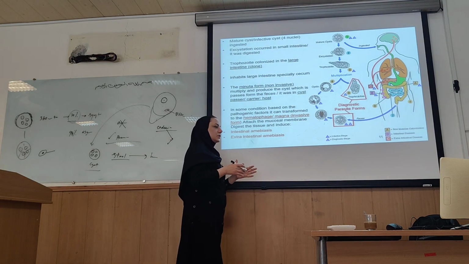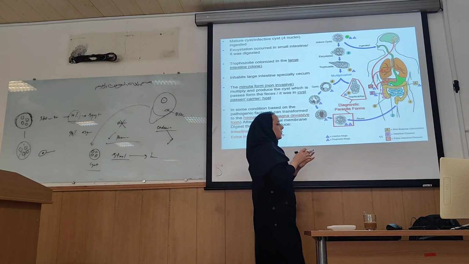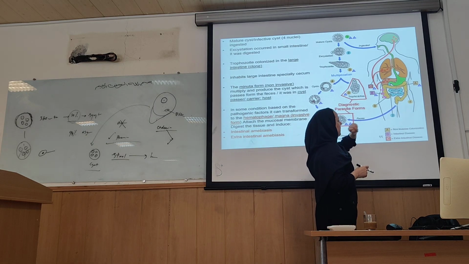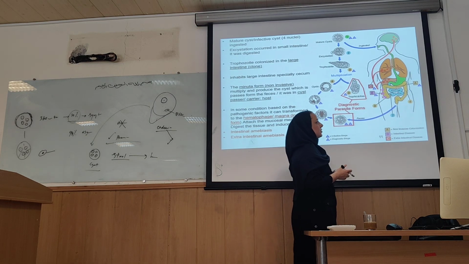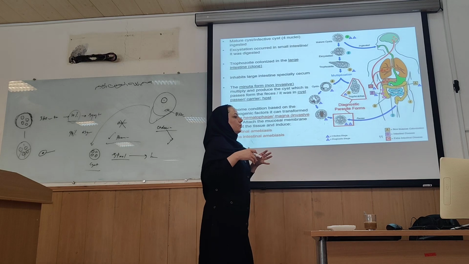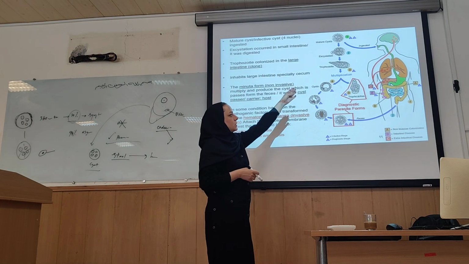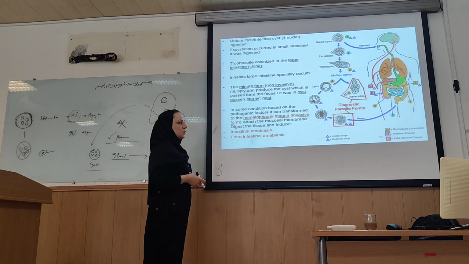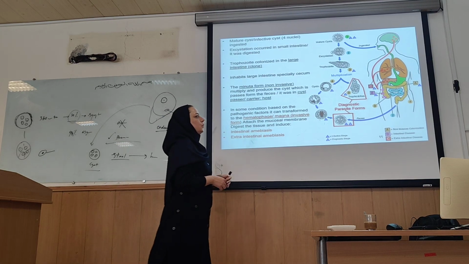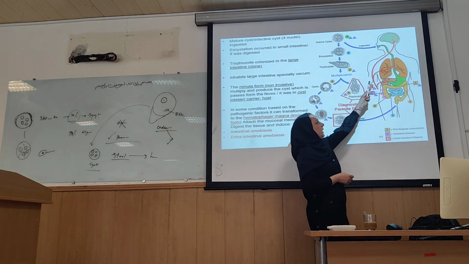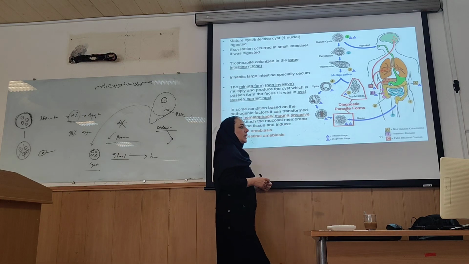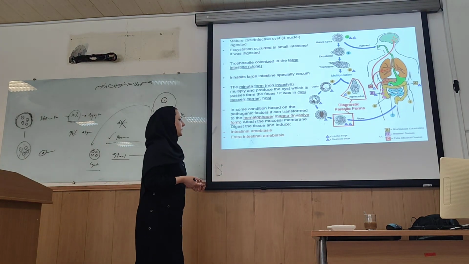And sometimes the worst thing happens. They can go through the mesenteric vessels, through the bloodstream, and outside of the intestinal tract, they can go to the liver, lung, brain, and produce extraintestinal amoebiasis.